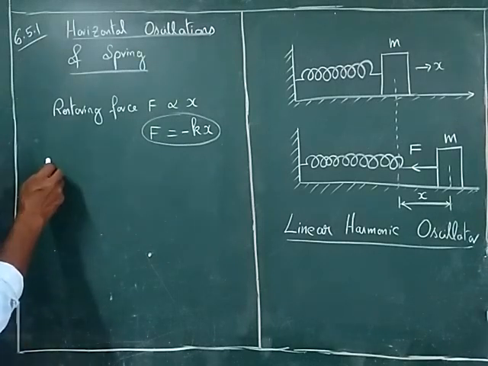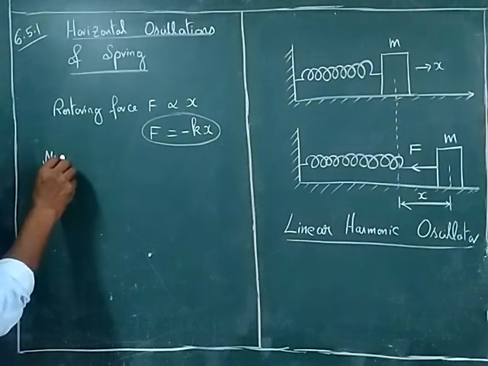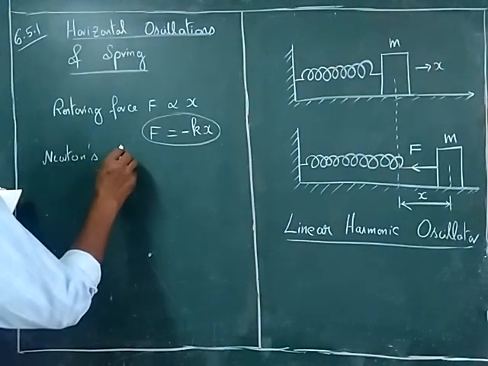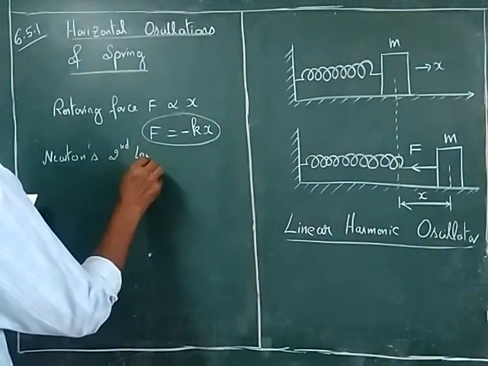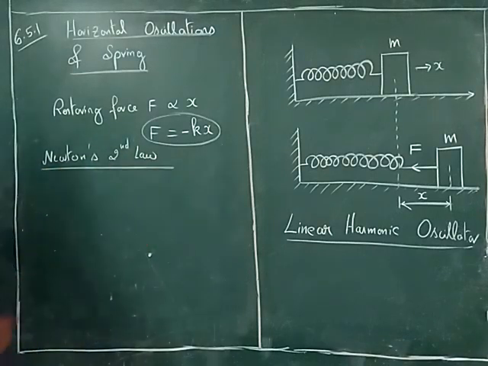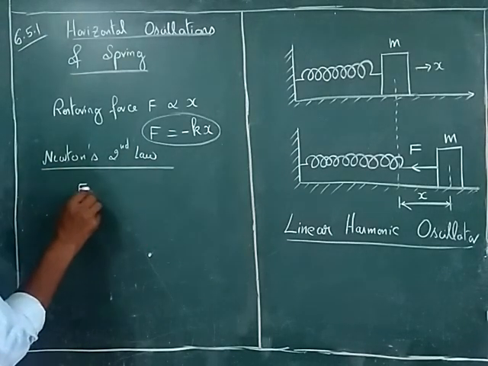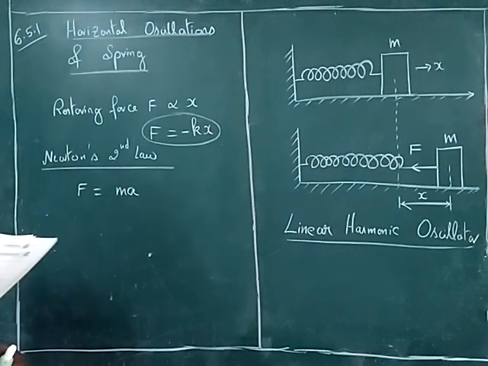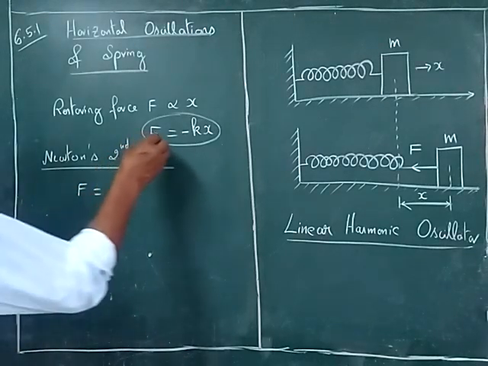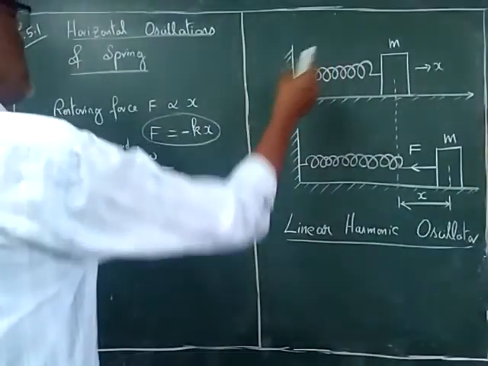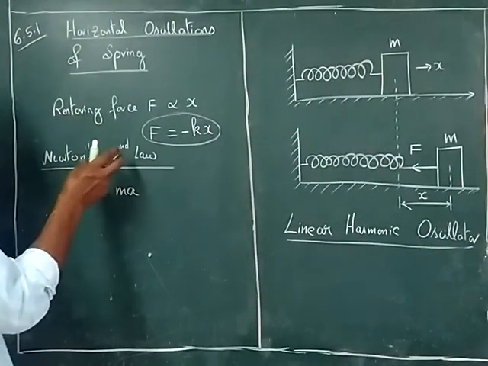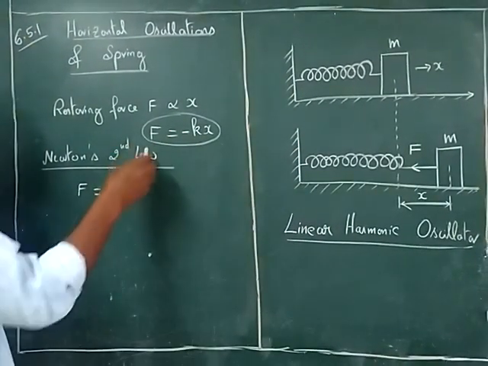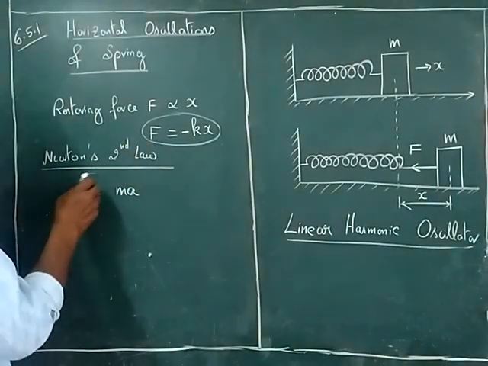Now by Newton's second law, force is equal to mass into acceleration. This is also the force pertaining to this condition, and Newton's second law can be applied here. Therefore, this force and this force can be equated.